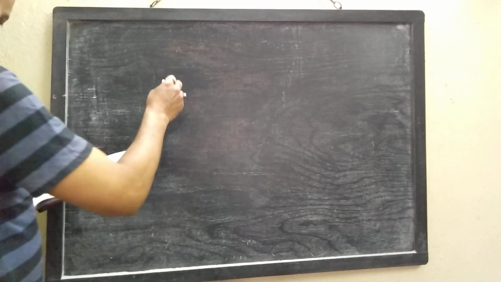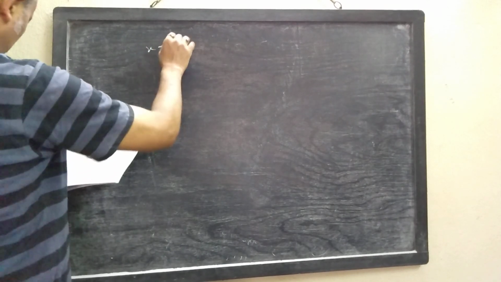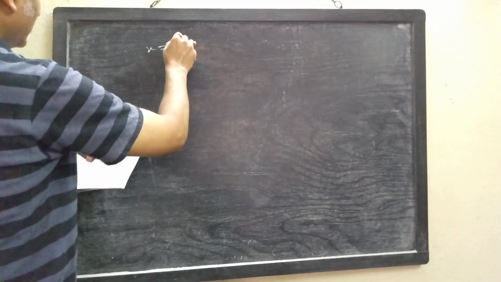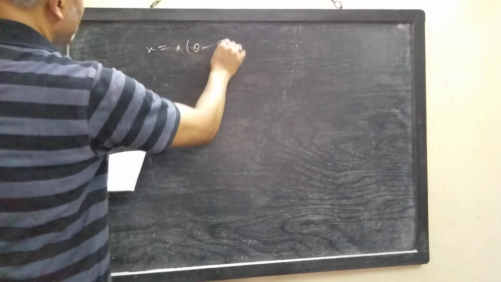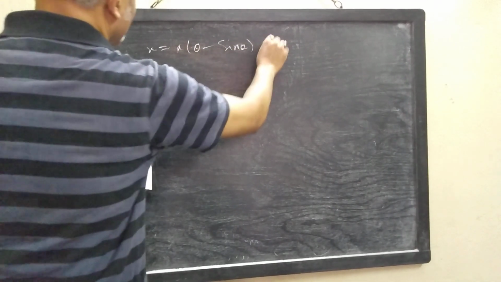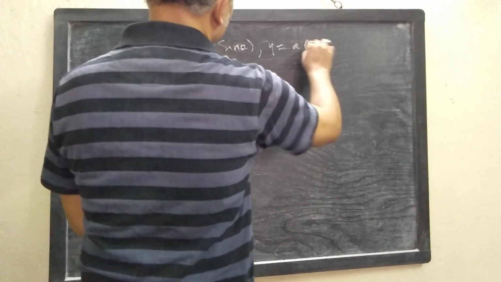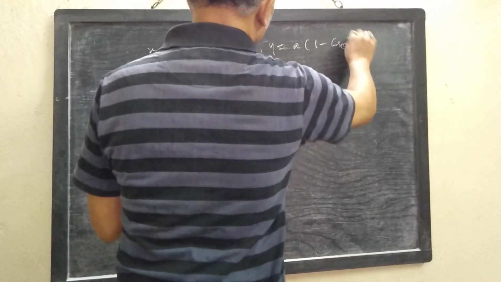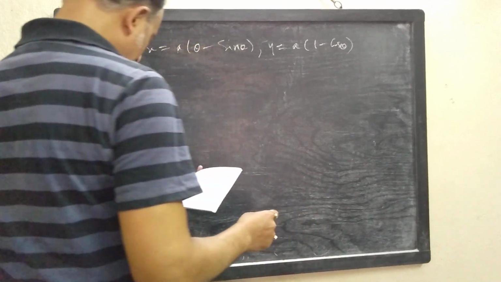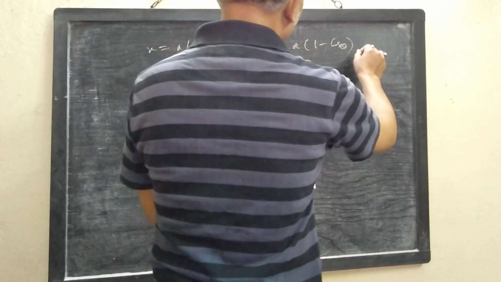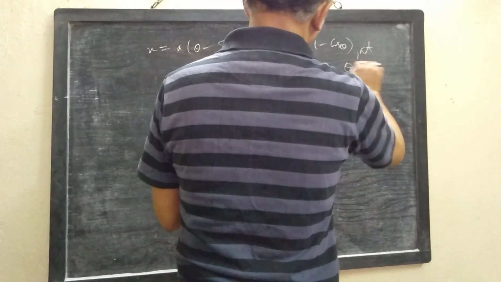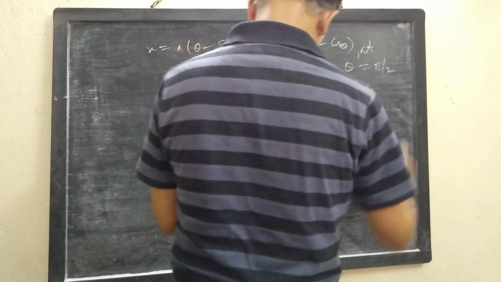Next question, similar type. You can take it as homework. x equals a into theta minus sin theta, and y equals a into 1 minus cos theta, and you are asked to find the slope of the tangent and normal at theta equals pi by 2.